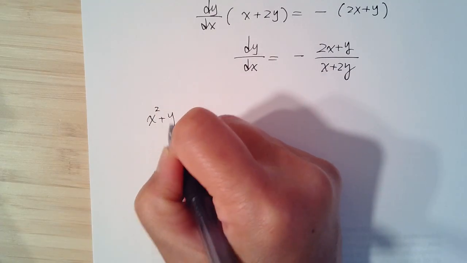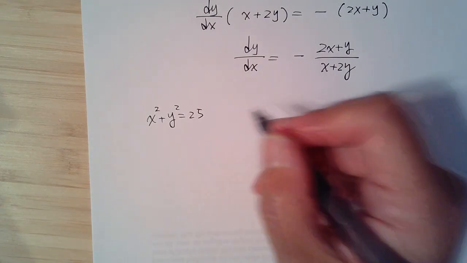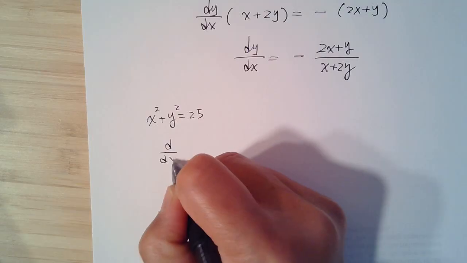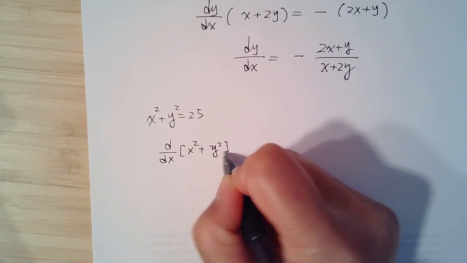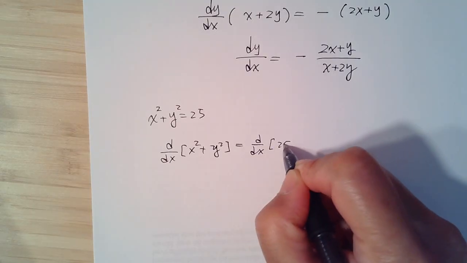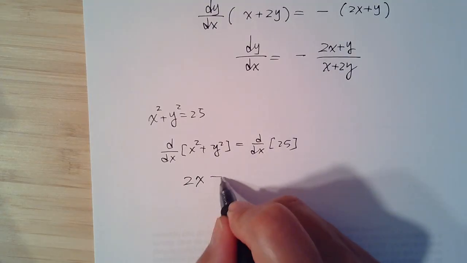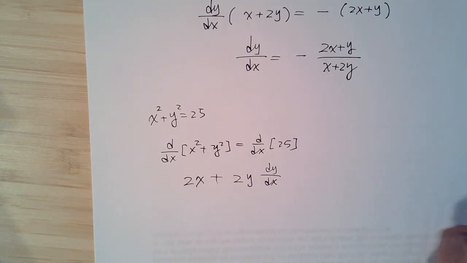x squared plus y squared equals 25. Can you take the derivative of y with respect to x? So again, I write d/dx of x squared plus y squared equals the derivative d/dx of 25. So that is 2x plus 2y dy over dx, right?